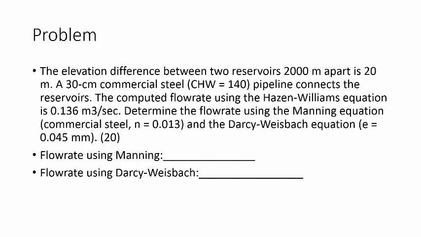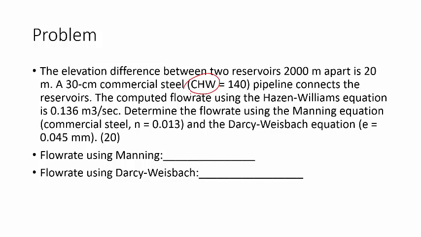This problem, we did one very similar in class, and this is one of the long problems. The elevation difference between two reservoirs that are 2,000 meters apart is 20 meters, and you have a 30 centimeter commercial steel pipe.